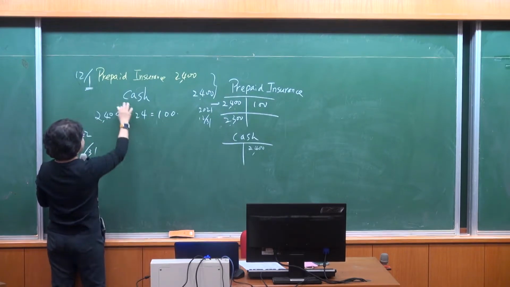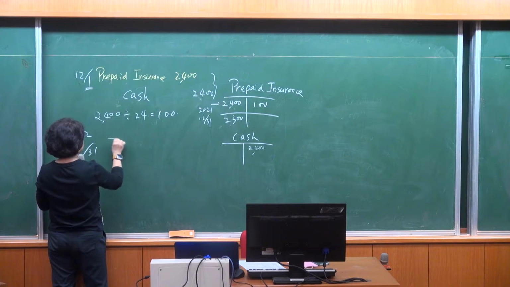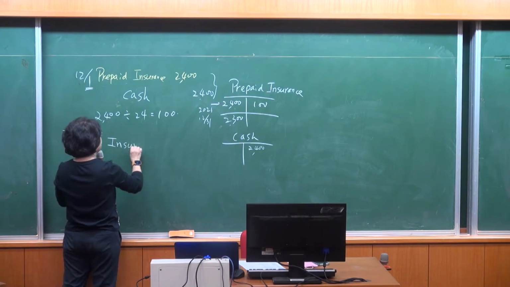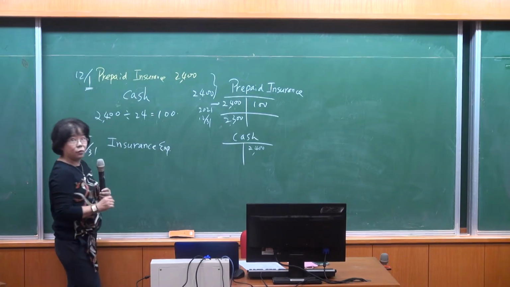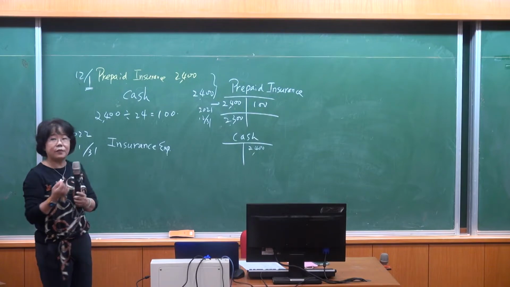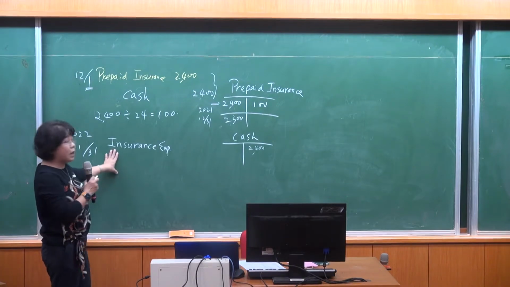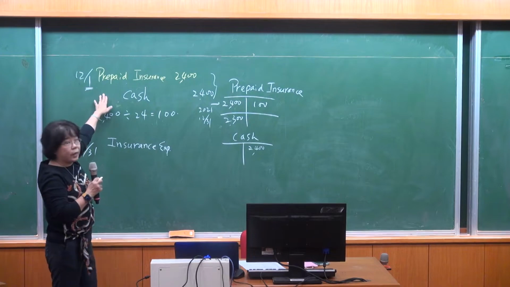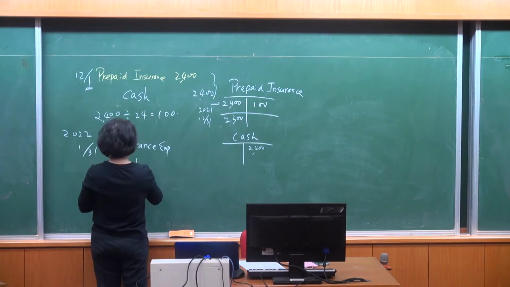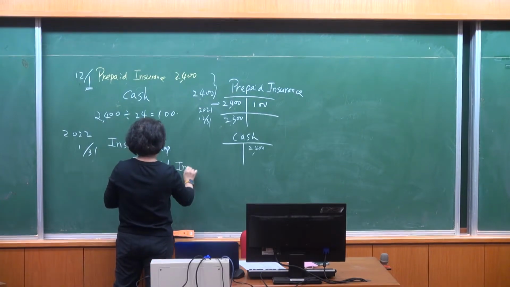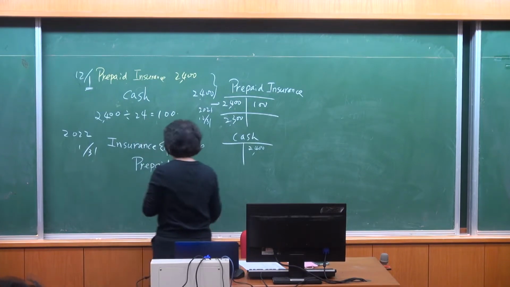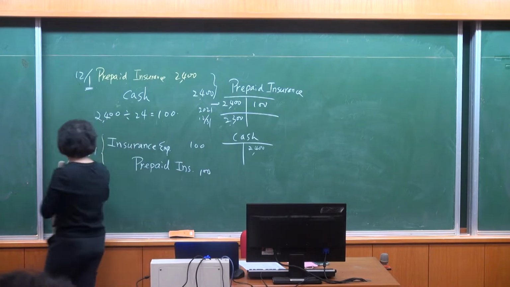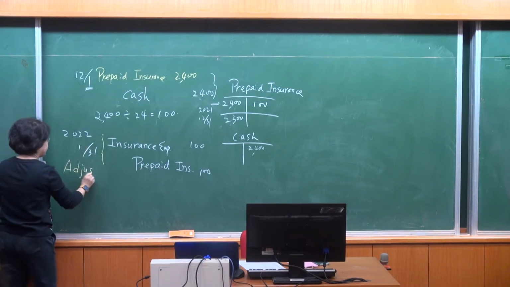Once you are using it up, the insurance expense has to be incurred, even though you didn't have any accident or anything bad. 即便没有任何事发生, you are still using up your right for prepaid insurance. So here we should write off the prepaid insurance for $100. Once you have done this entry, we call this the adjusting entry.